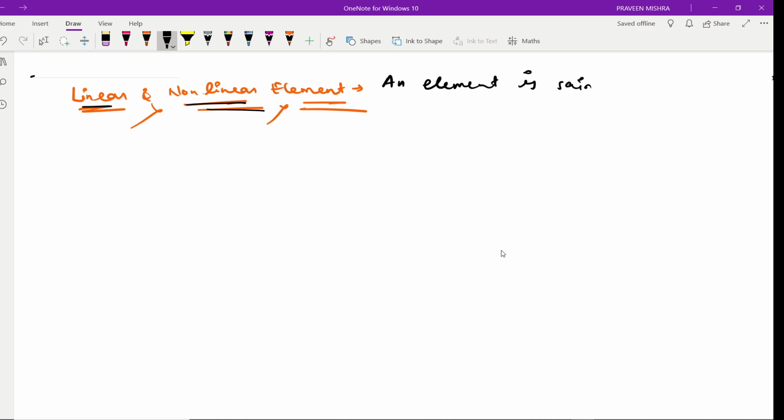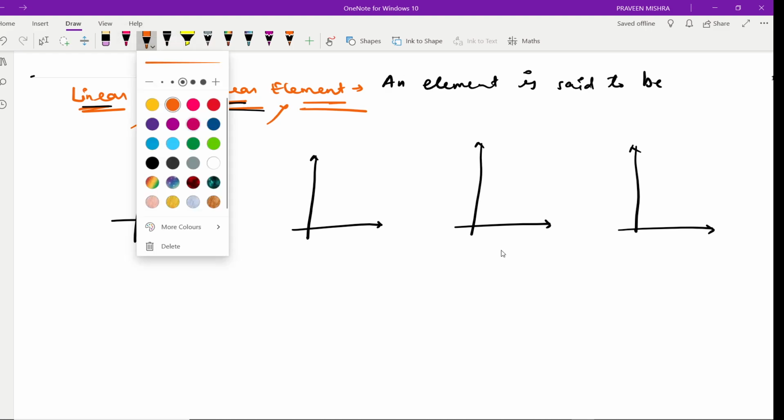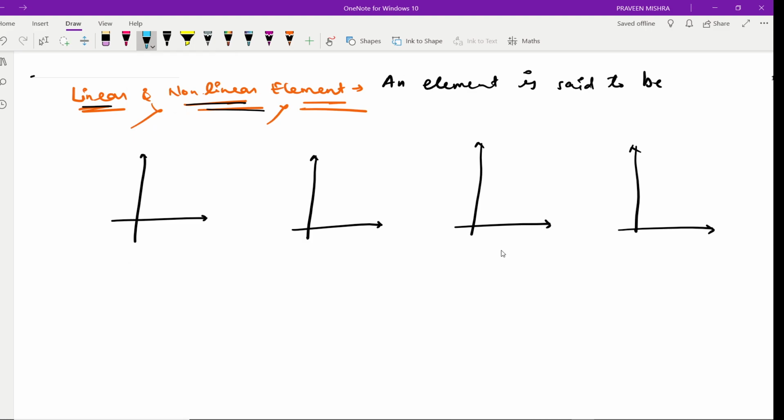An element is said to be linear if its characteristic, this one is the XY plot, passes through the origin as a straight line.